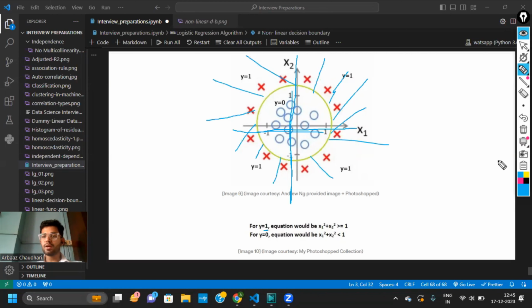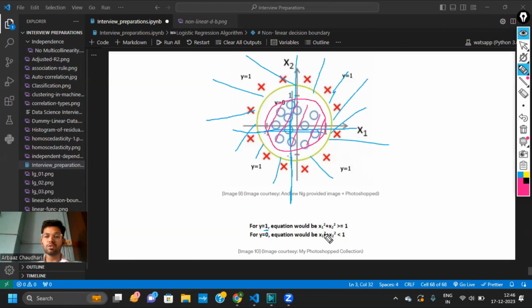And for the zero class, x1 square plus x2 square is less than 1. Less than means till here. So in this whole area, whenever any data points come, it will be the zeroth class.